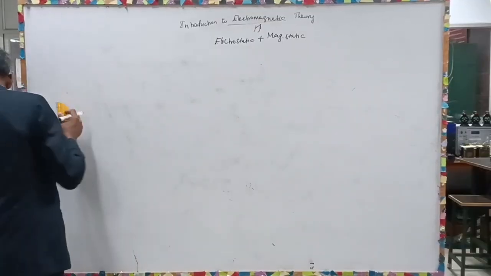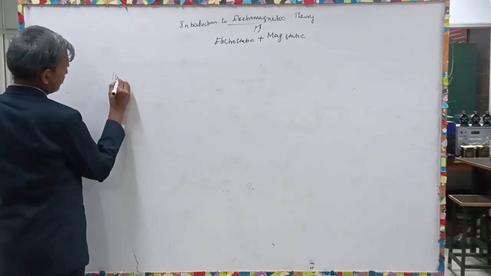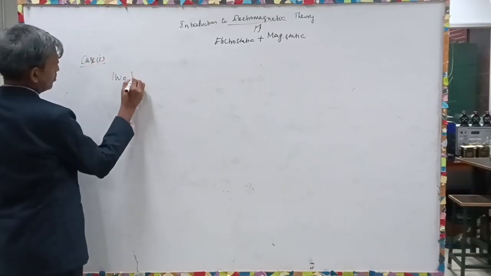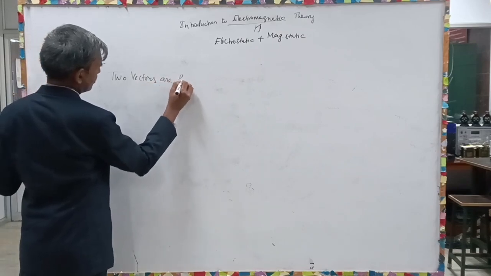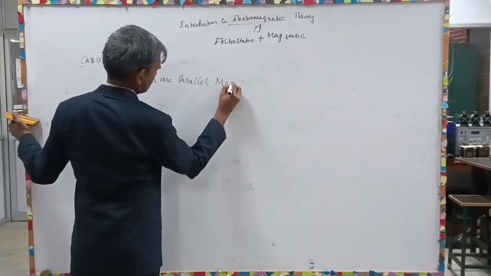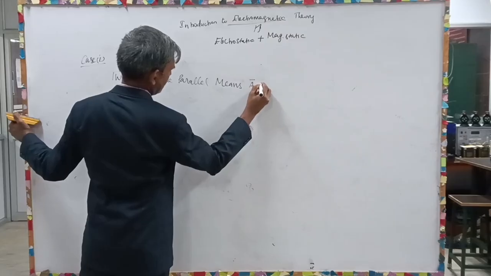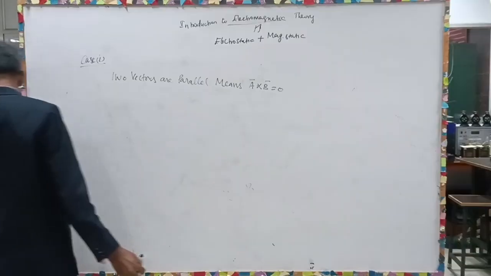Two vectors are parallel means, case number 1, two vectors are parallel means A cross B is equal to 0.